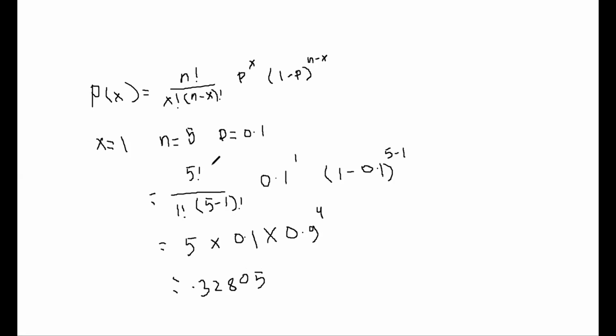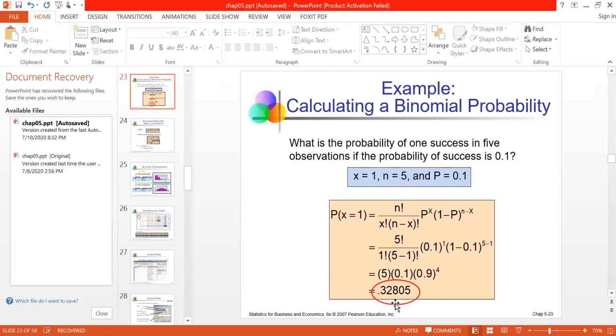And binomial distribution comes from Bernoulli and the number of sequences formula. If you combine these two, you get the total binomial distribution formula. And that's basically how we calculate it. Math is not that complicated. So let's go back to the slide again. The final result is 0.32805. That is an example of binomial distribution.